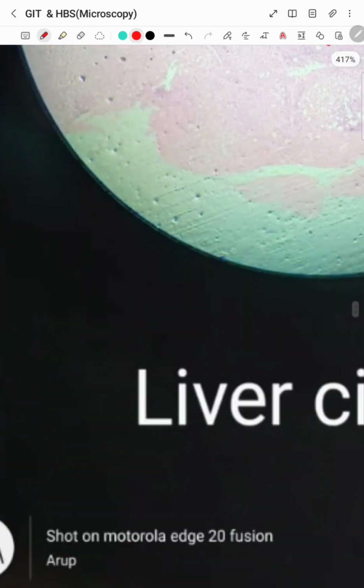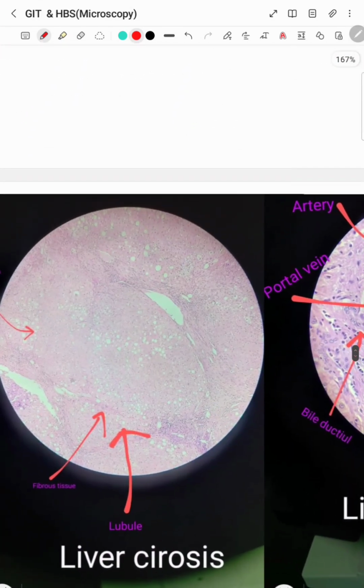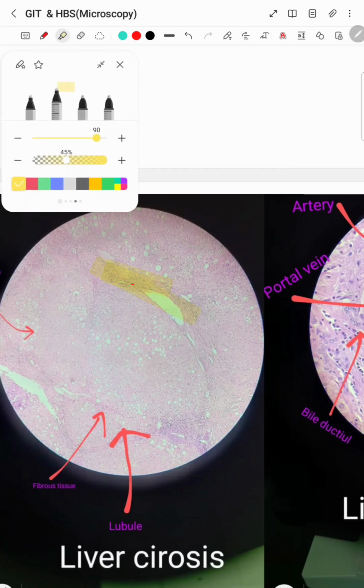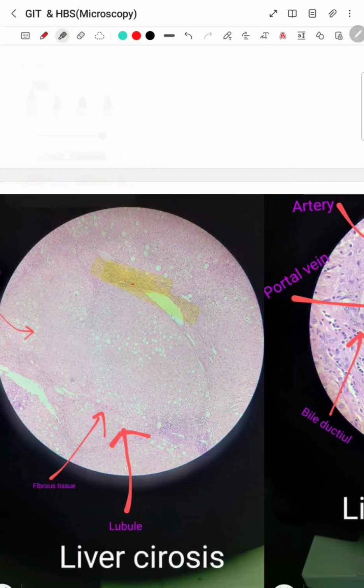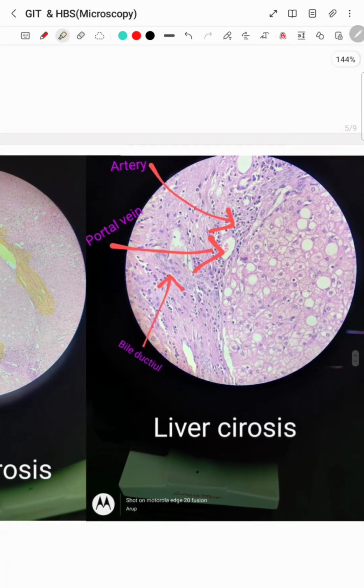Also, some better pictures are here. Here you can see the fibrosis, the fibrous layer, the dense fibrous tissue.